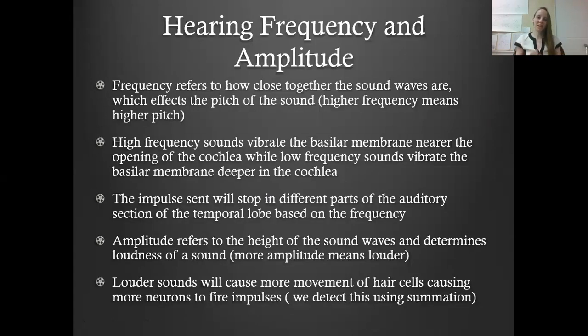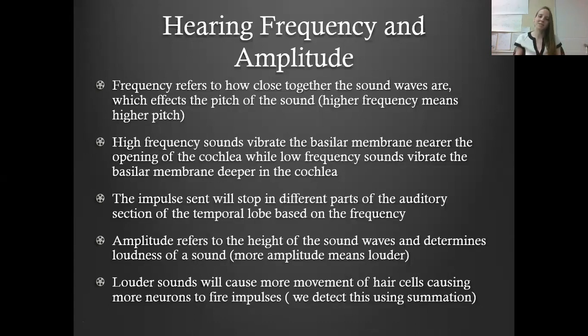Okay, frequency refers to how close together the sound waves are. Higher frequency means the sound waves are closer together. Lower frequency means the sound waves are further apart. If a sound has higher frequency sound waves, that means we will interpret it as a higher pitched sound.